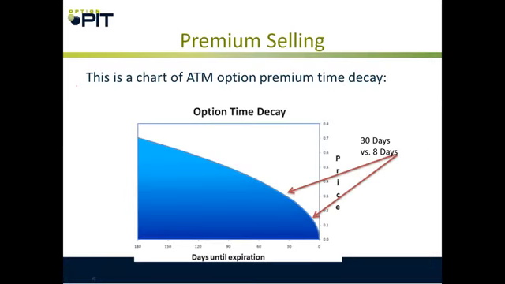All right, this is a chart of at-the-money option premium decay, or theta. And if I buy a policy up here, you can see it's pretty linear for a very long time. Every day you're losing about the same. But then starting right about 30 days to expiration, it really stops being linear.